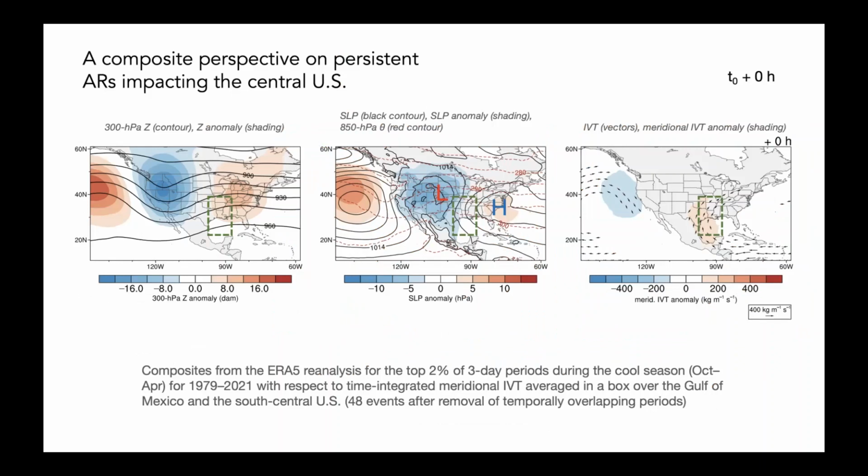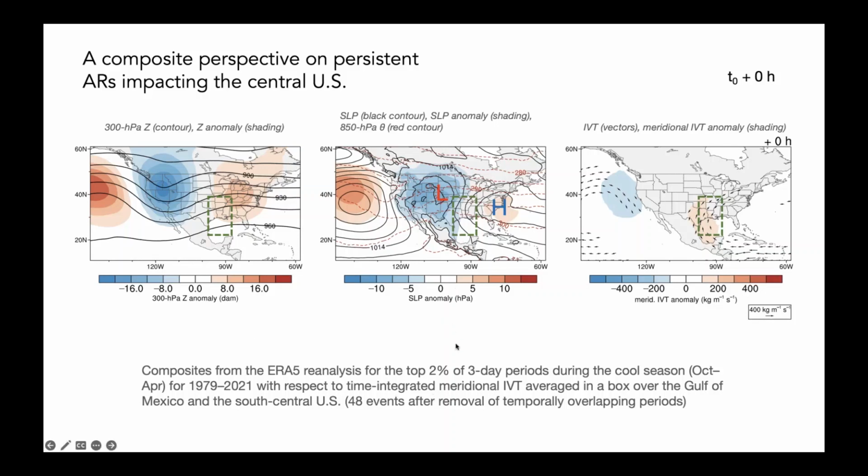So I'd like to wrap up the talk by extending the analysis beyond an individual case study. Here I've constructed composites from the ERA5 reanalysis for the top 2% of 3-day periods for this long time period, 1979 to 2021, with respect to the time integrated meridional IVT averaged in a box over the Gulf of Mexico and the South Central US.